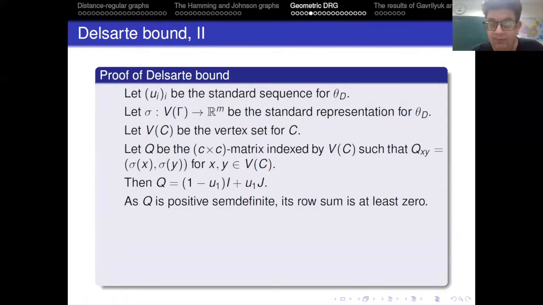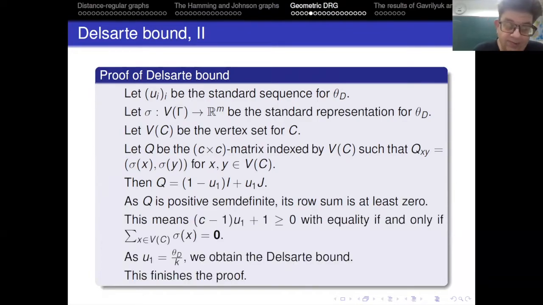Its row sum must be at least 0, since there are only non-negative eigenvalues. This means that (c minus 1) times u1 plus 1 must be greater or equal to 0, with equality if and only if the sum over all the vertices of C of sigma x is the zero vector. Since u1 is theta over k, we obtain the Delsarte bound.